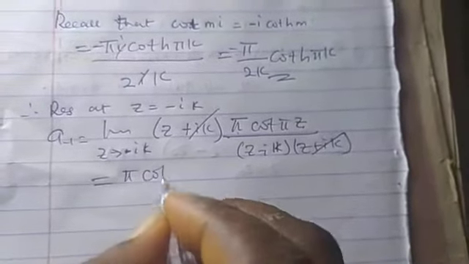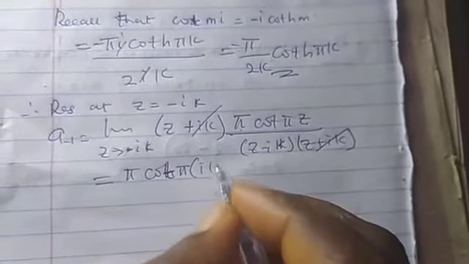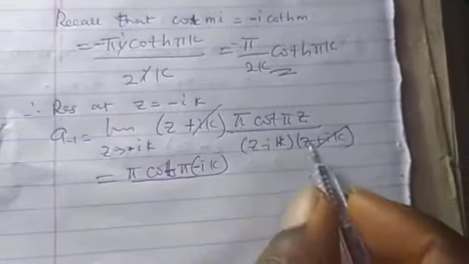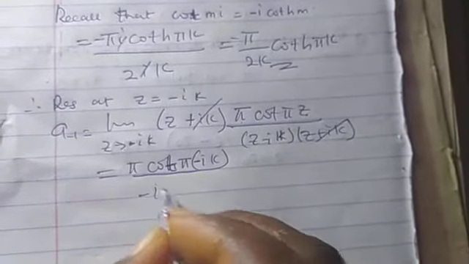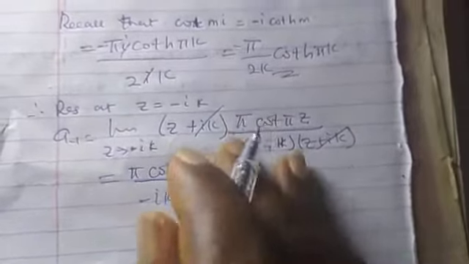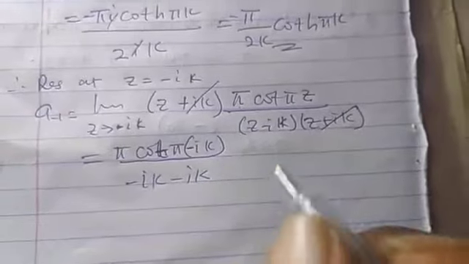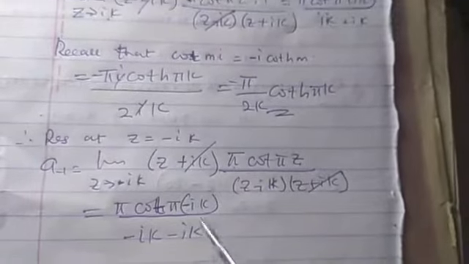That will be pi cot pi times minus ik, divided by minus ik minus ik, which is minus 2ik.